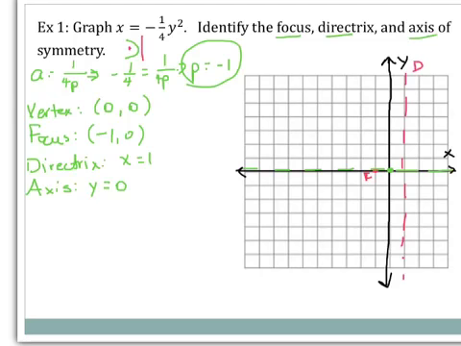Now, it's time to pick some points. But what we usually do is pick values for x. This time, we're going to pick values for y, right here. So we're going to think a little bit opposite and pick values for y. So make your T-chart.